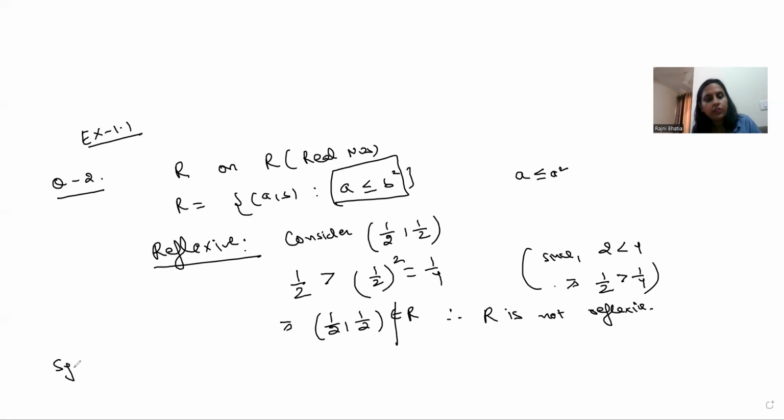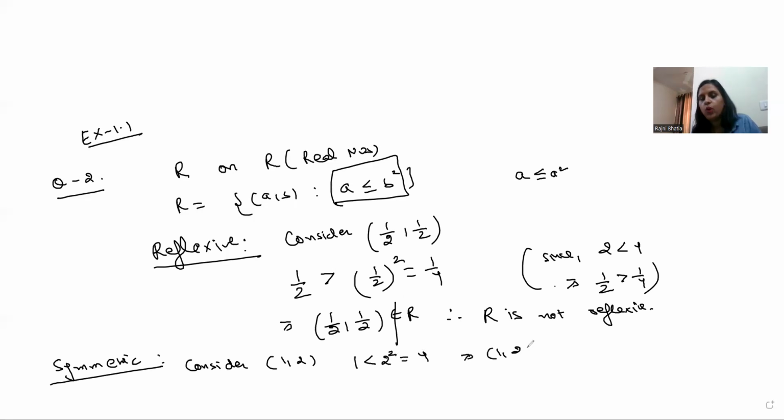Now we'll move to the symmetric part. Since we need to prove that this relation is not symmetric, we need to prove that (a, b) belongs to R, but (b, a) does not belong to R. So we will write, consider (1, 2). First of all, we'll show that (1, 2) belongs to R. How? 1 is less than 2's square, which is 4.